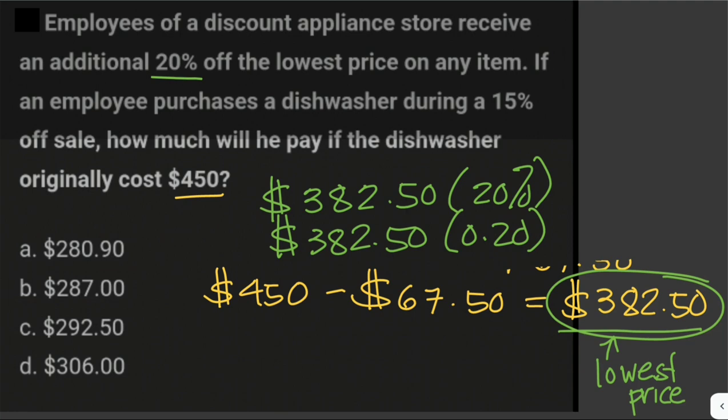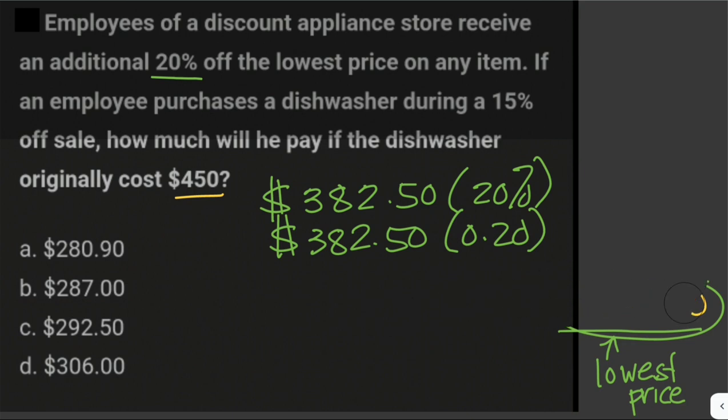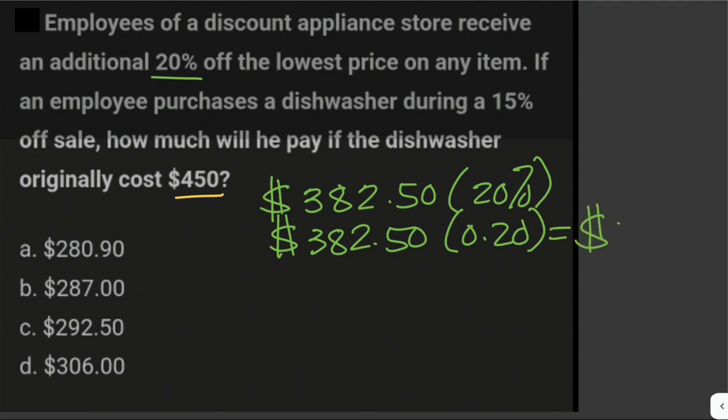You just have to divide 20% by 100 to write it as a decimal form. So this would give us $76.5. So 20% of the lowest price, 382.5, is $76.5.